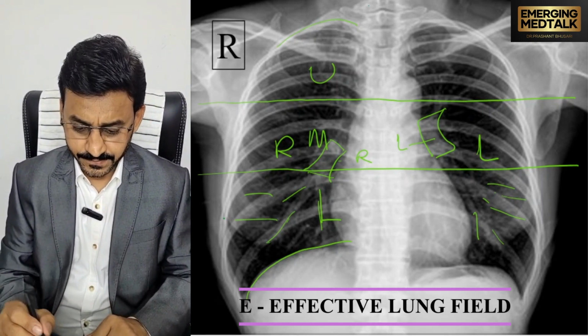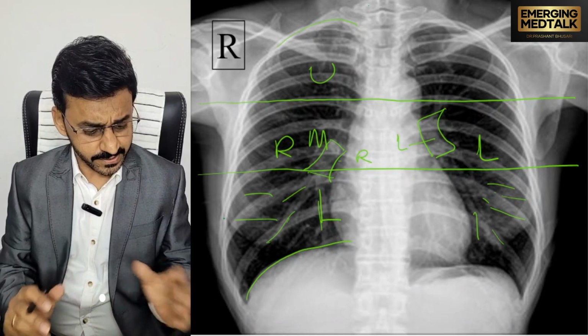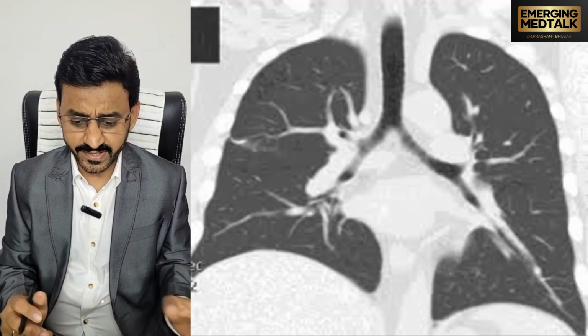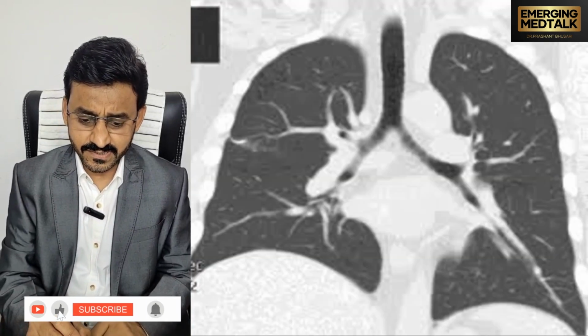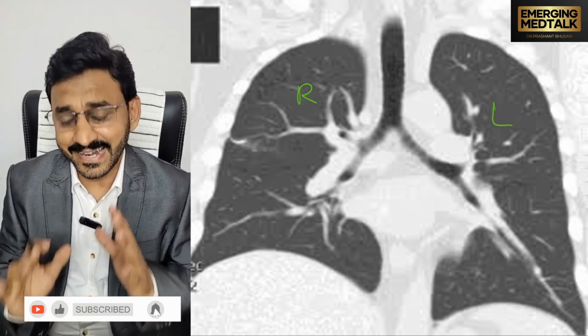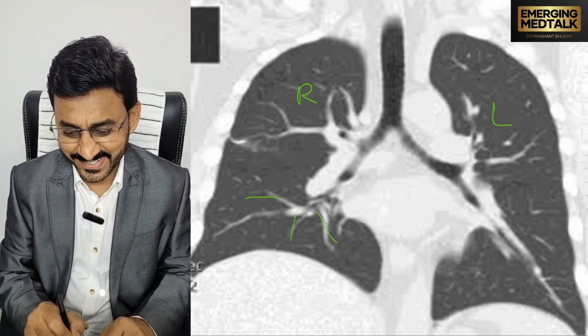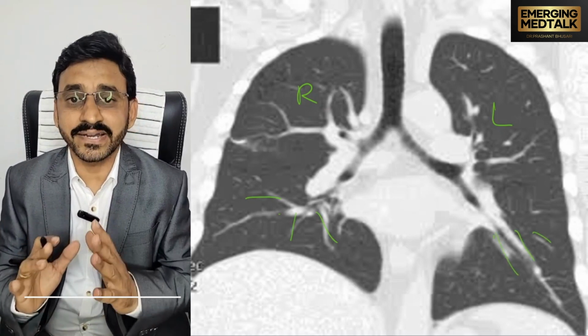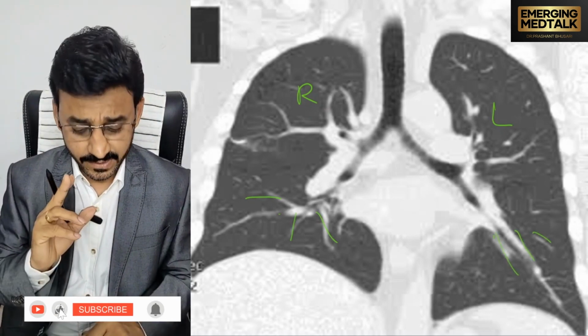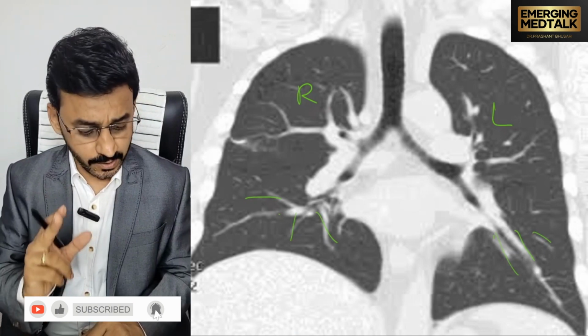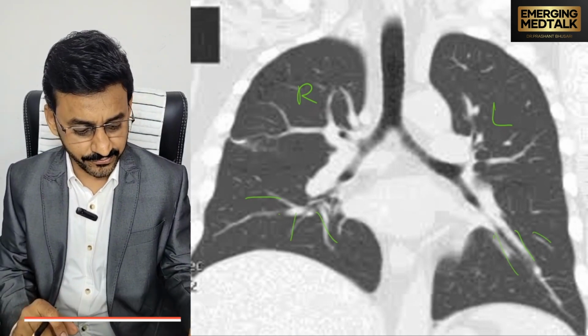We can correlate these here simultaneously: the right lung, the left lung, the three zones divided, and the bronchovascular markings very clearly seen, particularly in the lower zone on the posteroanterior view.